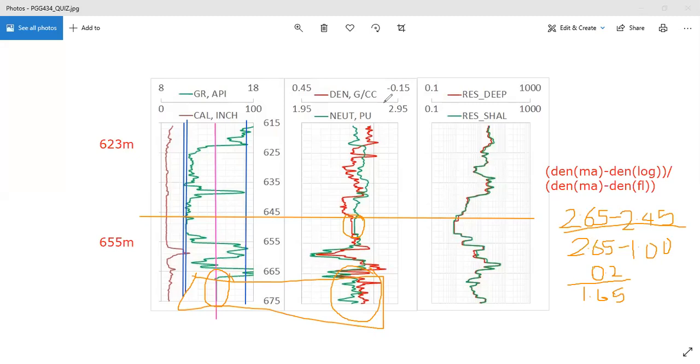He prefers that the neutron is used in conjunction with the density for lithology identification and for identifying gas and gas sands. But I will specify. Let's leave it at this. That saves us a number of issues. If I don't, thank God I'll be doing the marking, so I can look at your thought process and apportion marks appropriately. You wouldn't be penalized for things like that. I can assure you about that.